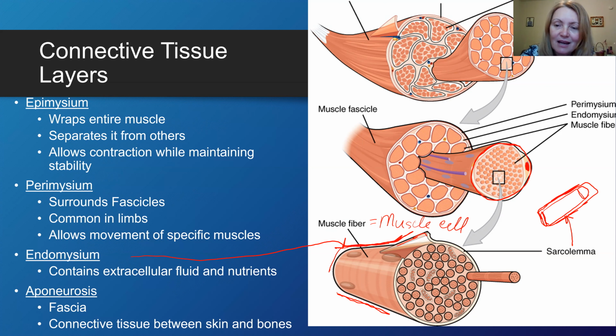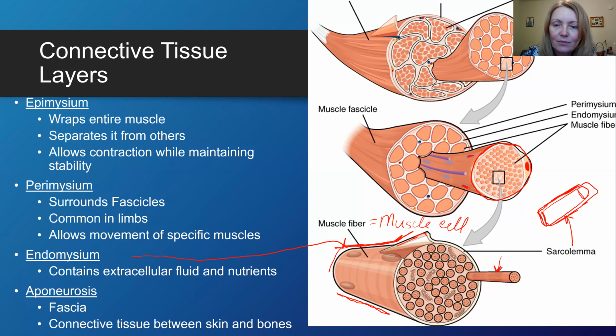Inside the individual cell, you have lots of myofibrils, lots of protein fibers, but that's the whole cell. And you can see these blue nuclei because it's polynucleated.